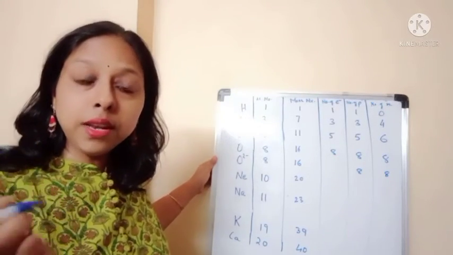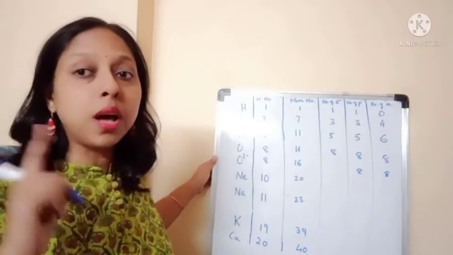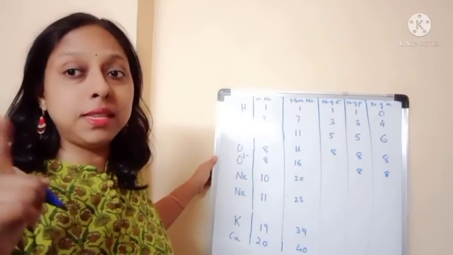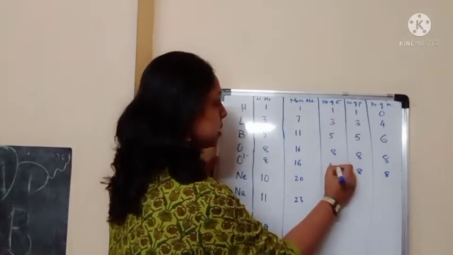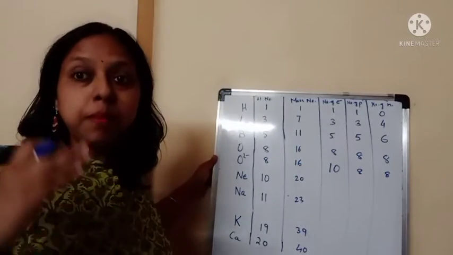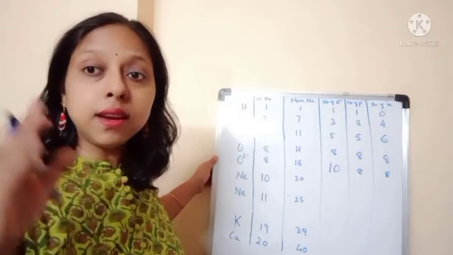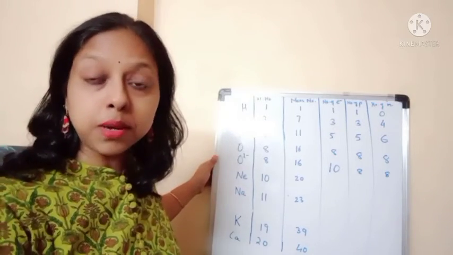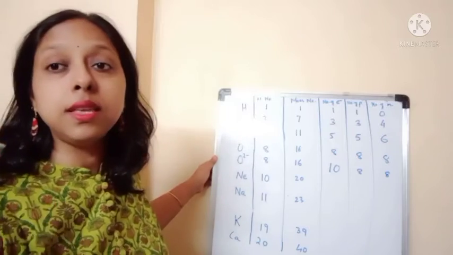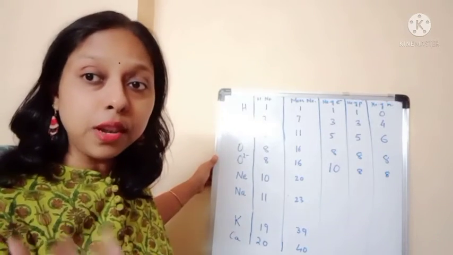It was already 8 and 2 more electrons were added, so now the number of electrons will be 10. Remember this: when an atom becomes an ion, there is no change in its atomic number or mass number, there is only a change in its number of electrons.